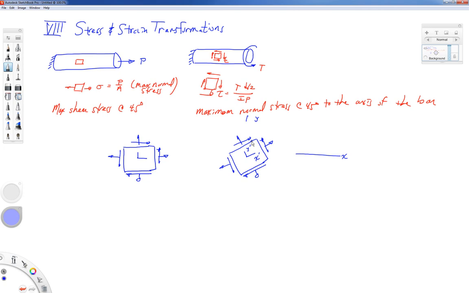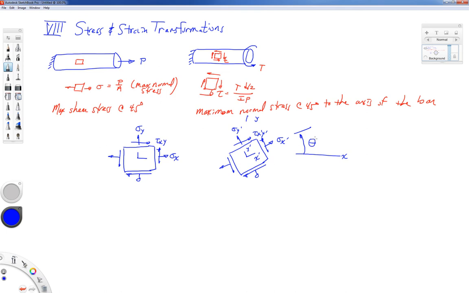And so the goal of these lectures is to find out these new stress components in that new orientation, which we're going to call sigma X prime, sigma Y prime, and tau X prime Y prime that are expressed in terms of the original coordinate stresses sigma X, sigma Y, and tau XY, and the angle of rotation, which could be positive or negative, which we're going to call theta.